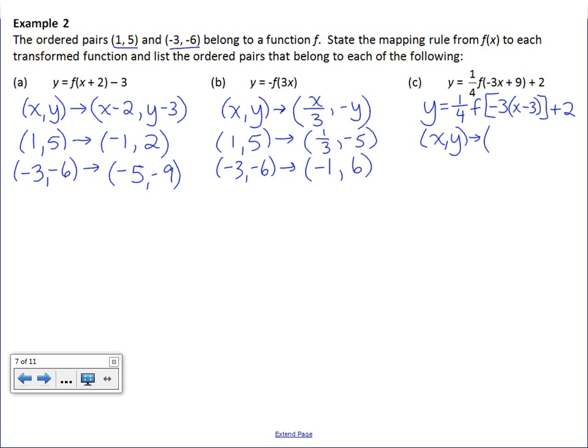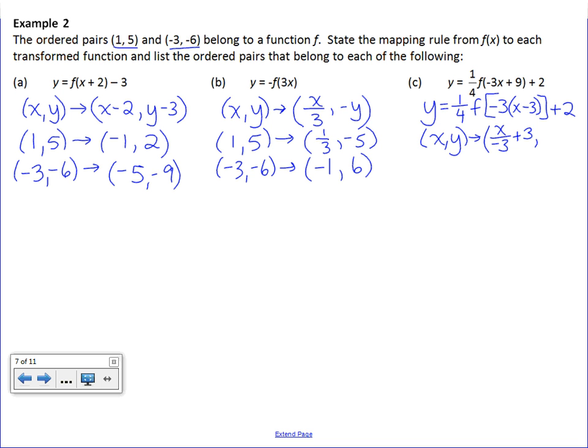So what's the x coordinate of the mapping rule going to be? What are the operations you're going to have to perform to x to get the correct mapped point? X divided by -3, and then you're going to add 3 to it.